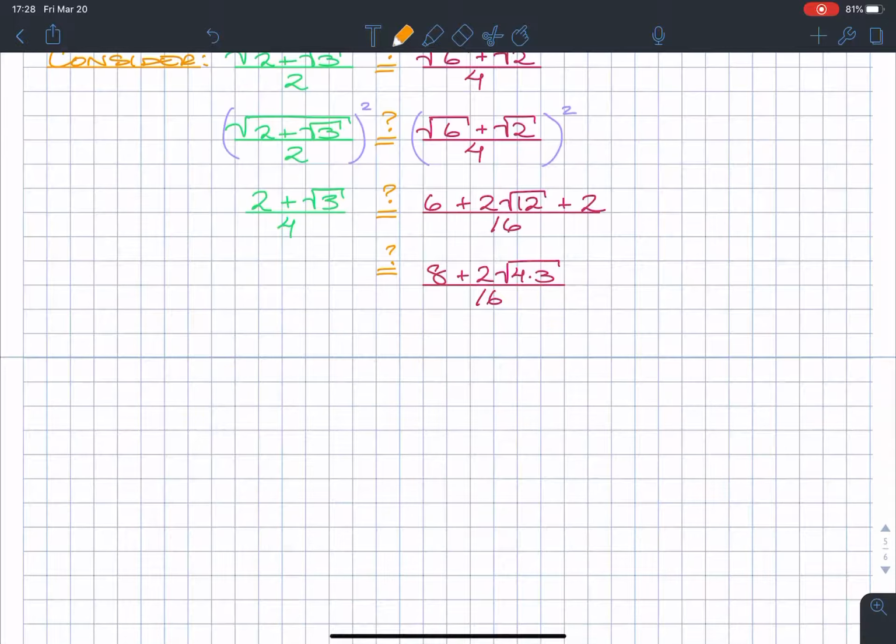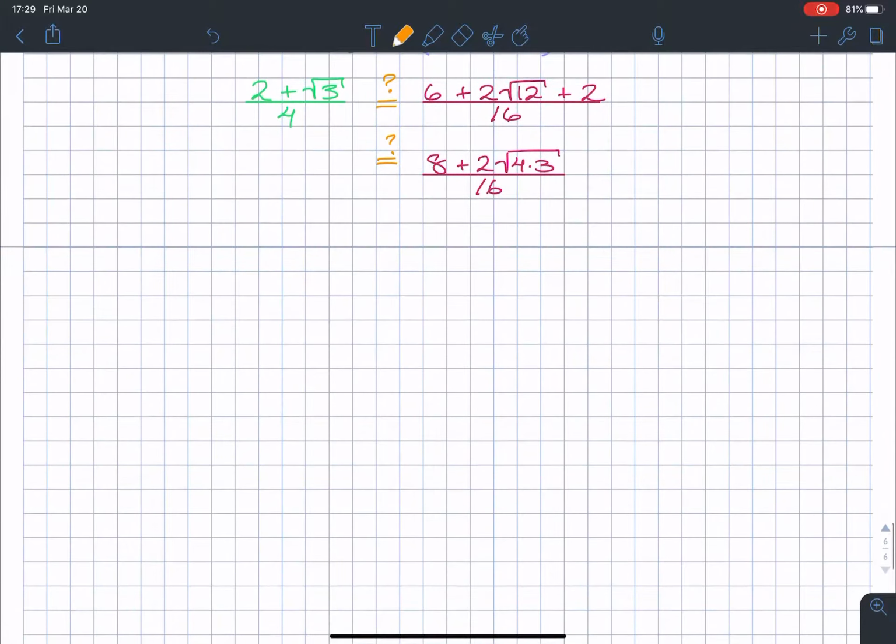That's 8 plus the square root of 4, which is 2, so if I bring that out, 2 times 2 is 4, root 3, all over 16.